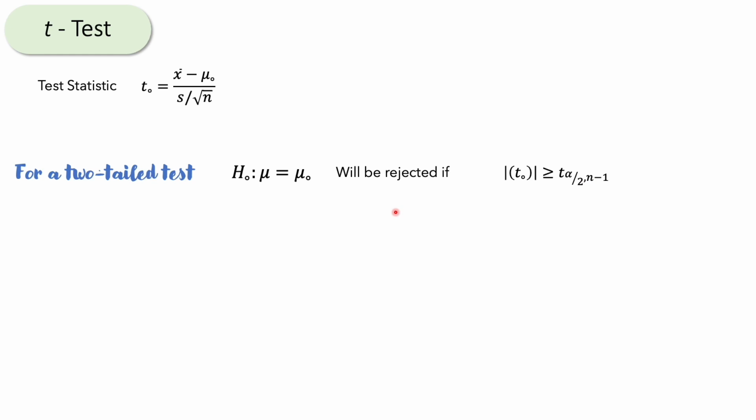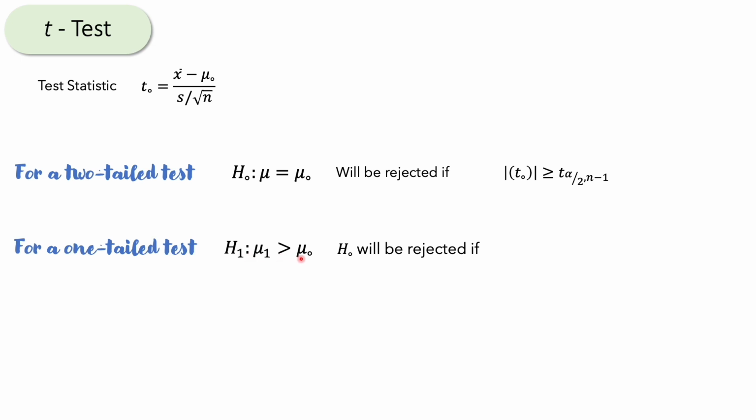Okay, now for a one-tailed test, the null hypothesis will be rejected for this type, the upper one, where mu1 is to specify that it is related to the alternative hypothesis.